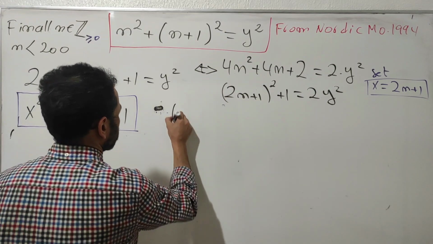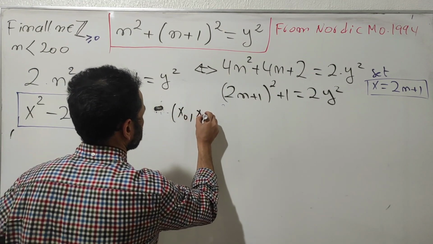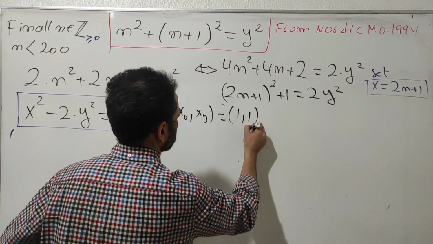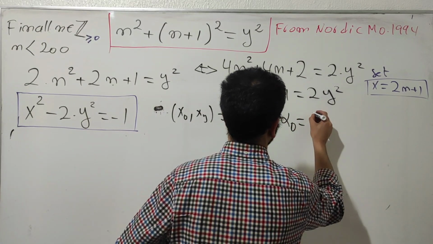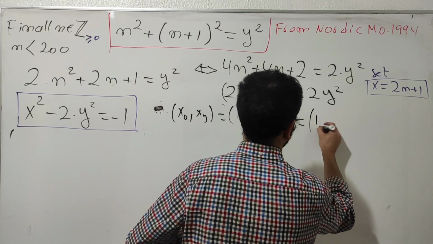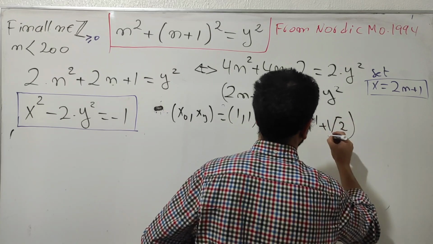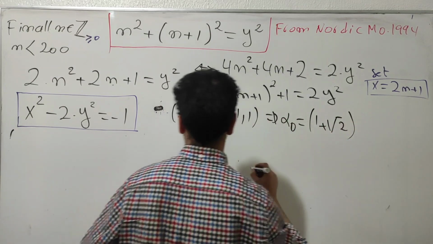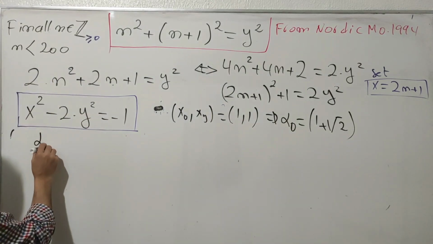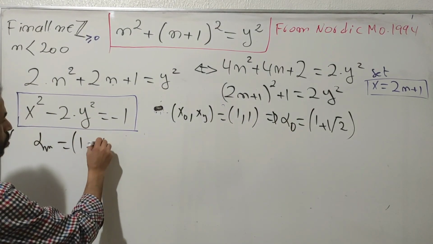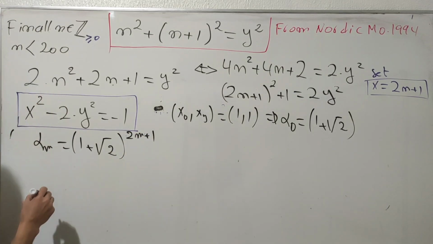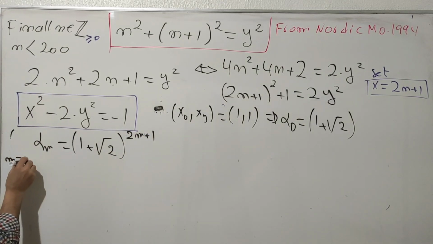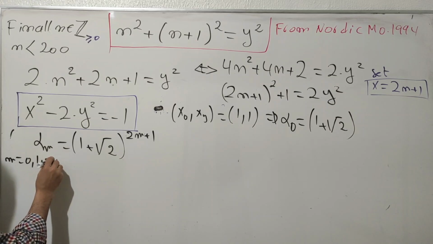Since we get an obvious solution x0 and y0 equals 1 and 1, alpha 0 is written in the form of 1 plus square root of 2. So the general solution alpha m equals (1 plus square root of 2) to the 2m plus 1. Then we have determined m equals 0, 1, 2 and 3 only.